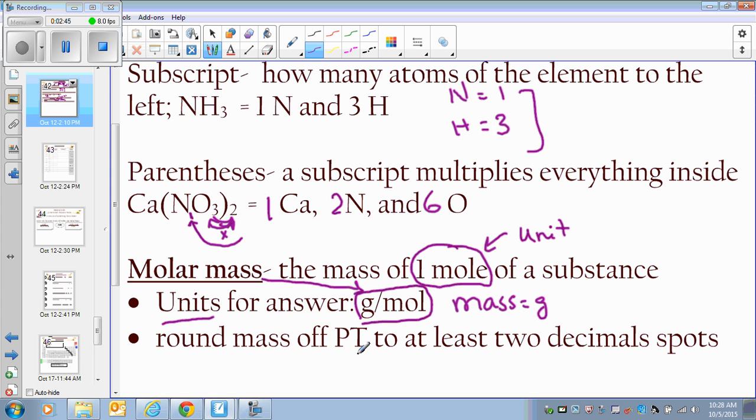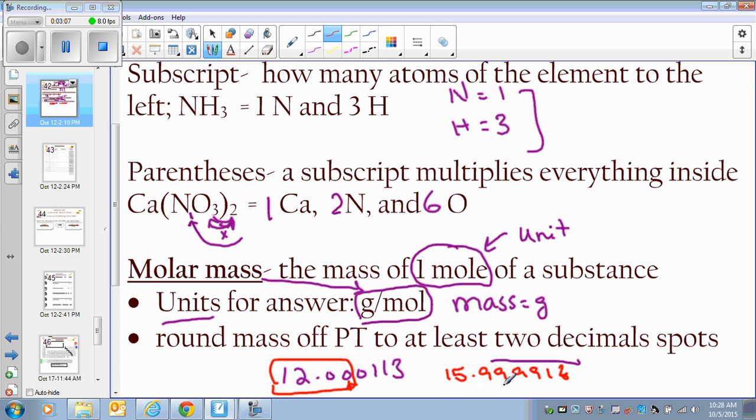Round the mass off on the periodic table to at least 2 decimal places. So if it is 12.000113, we are only taking it to 2 decimal places. If it is 15.999916, I'm rounding this number, and I see a 9 after this, so the rounded number will be 16.00.